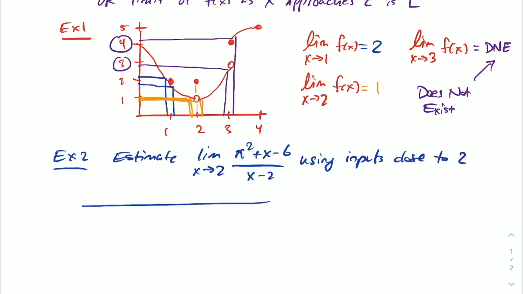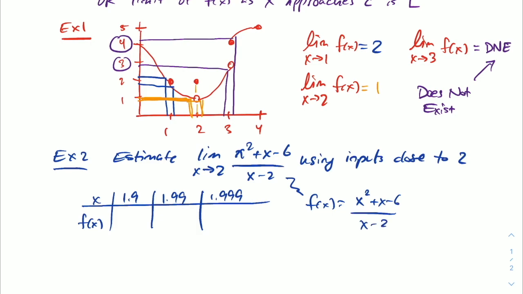Here's my input. We're going to do 1.9, 1.99, and 1.999. We're getting closer and closer to 2 with our inputs, and we're going to see what this function, x squared plus x minus 6 over x minus 2, outputs at those values.